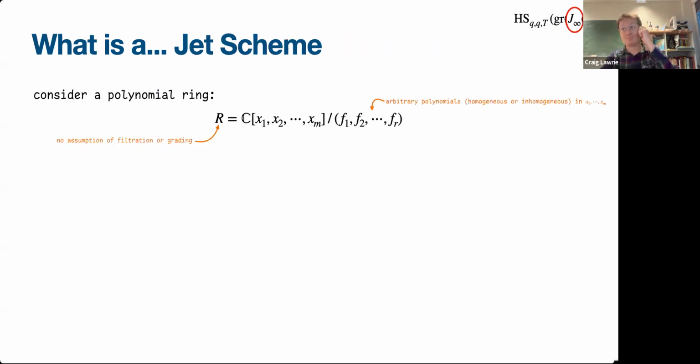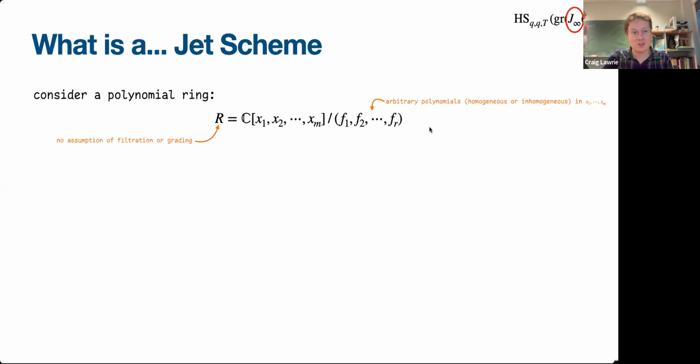So J infinity is related to the notion of a jet scheme. I will mostly stay inside of the ring category instead of the scheme category, just to avoid overcomplicating the notation. But it seems that the concept of a jet ring is not really used. It's always the jet scheme. Here we just assume we have a polynomial ring over C. It has some variables and it has some polynomials.